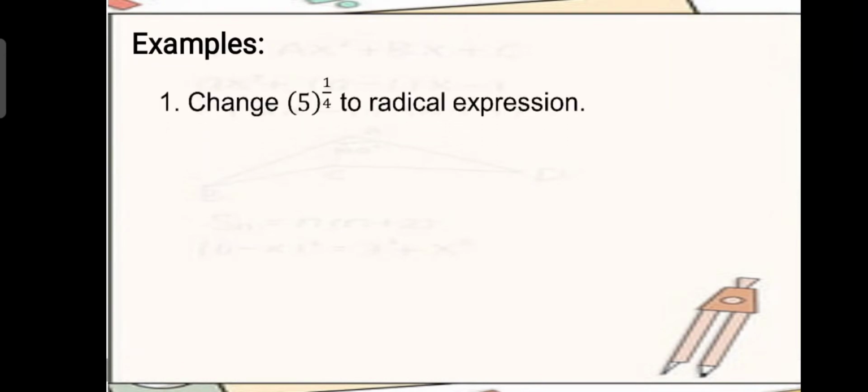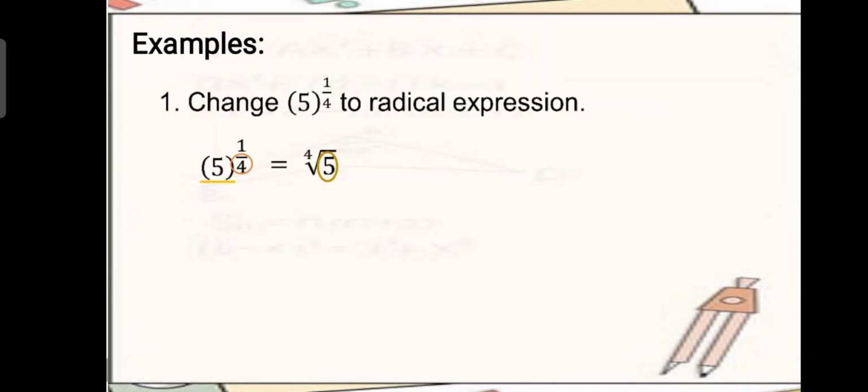Number 1, change quantity 5 raised to 1/4 to radical expression. So, sulat natin yung given equals 4th root of 5. Kasi, yung base natin, which is 5, yun yung magiging radicand natin o yung nasa loob ng radical sign.